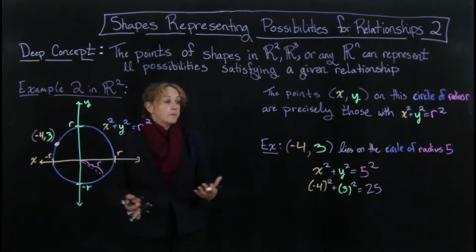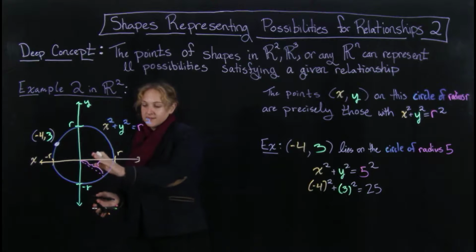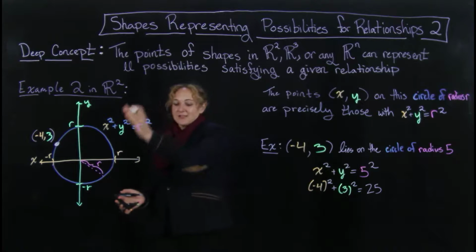So all the points on here are precisely the ones of distance r from the origin, or the ones satisfying this equation.